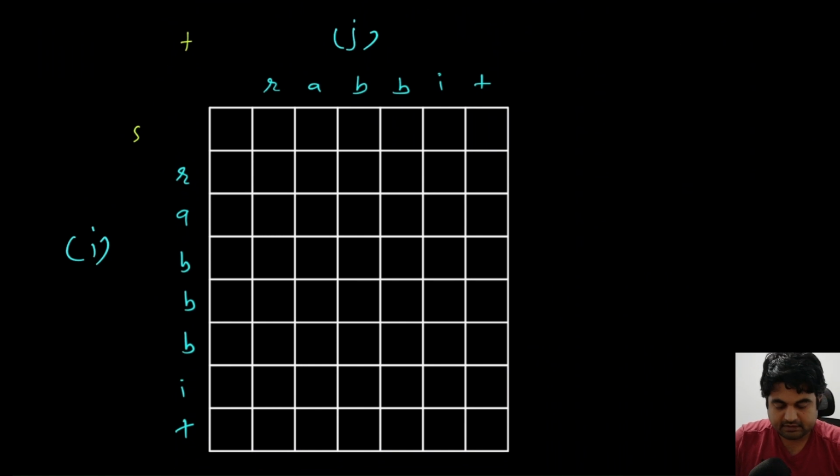Now we know that this is going to be a dynamic programming solution. For any DP solution, we need a base case. The base case is quite straightforward: what is the value if the given S is not present, or if the given T is not present?